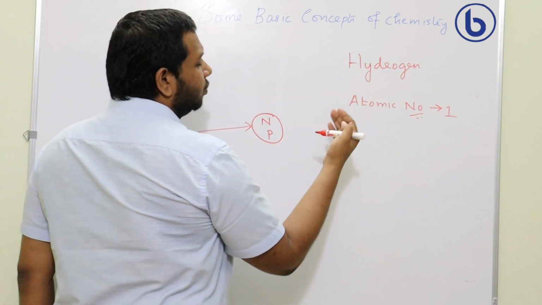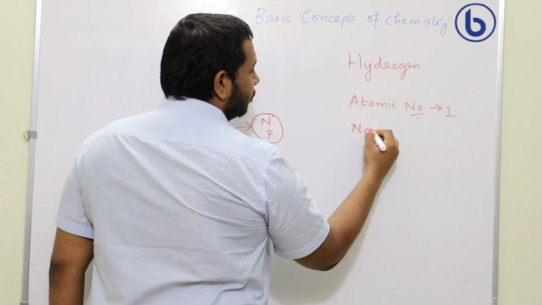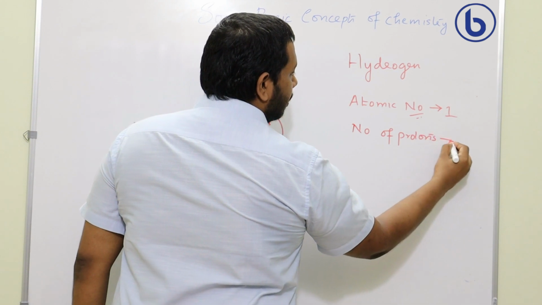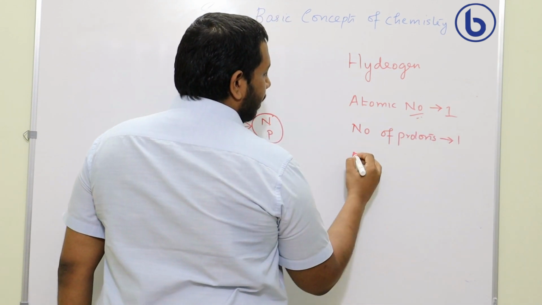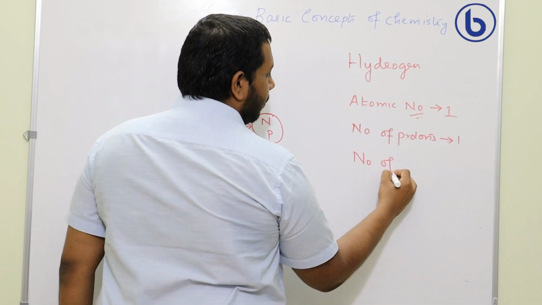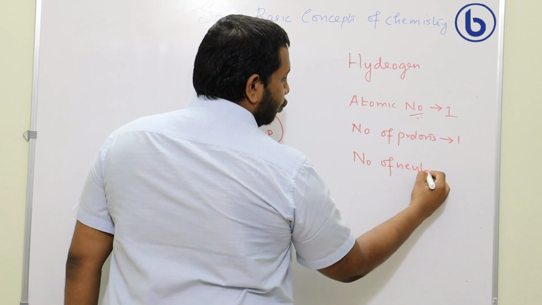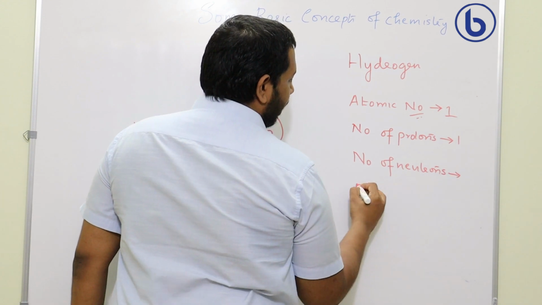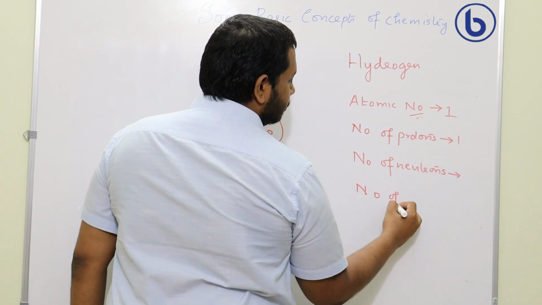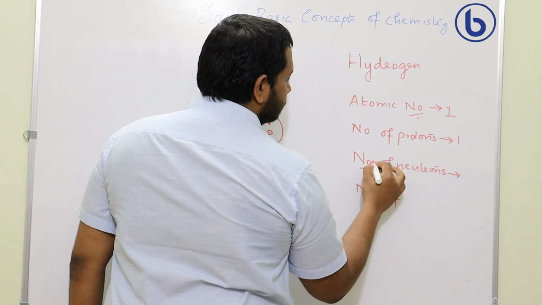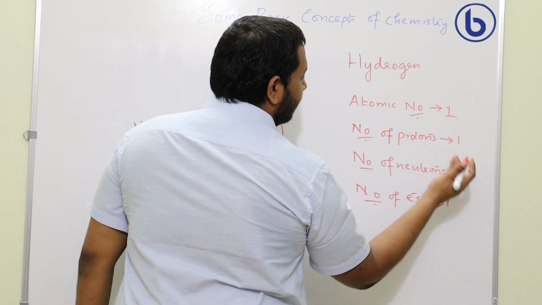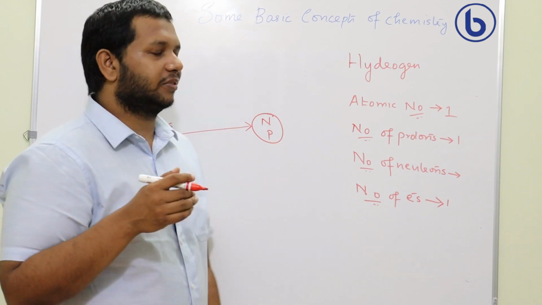Atomic number is 1 means the number of protons is equal to 1. Also it means the number of neutrons, I will tell what it is, and the number of electrons is 1.